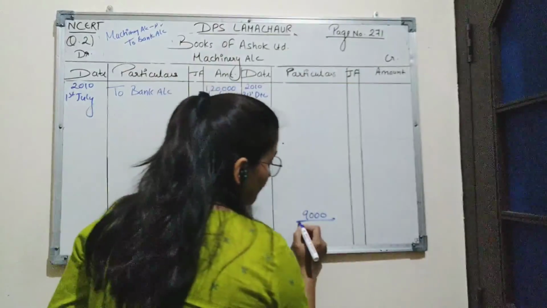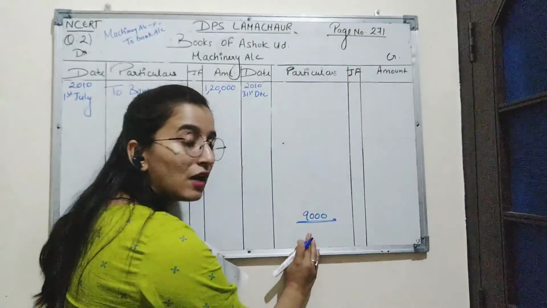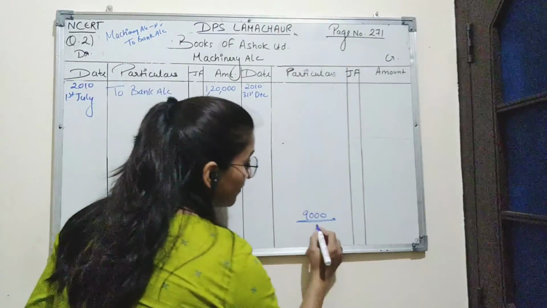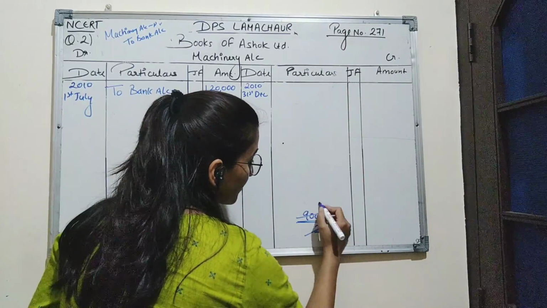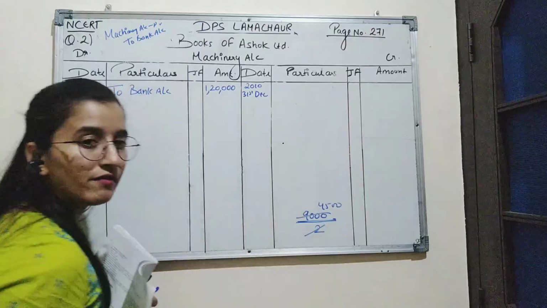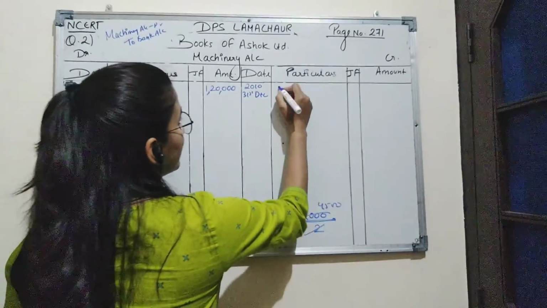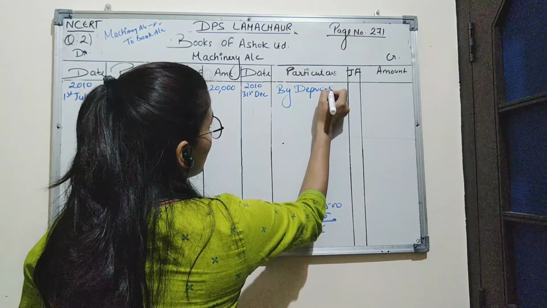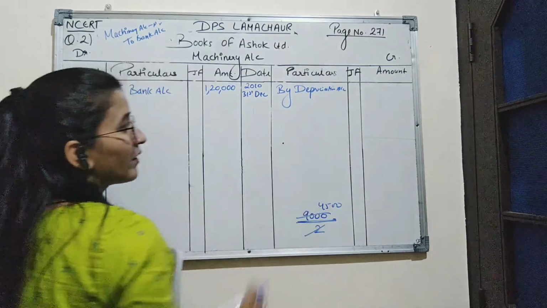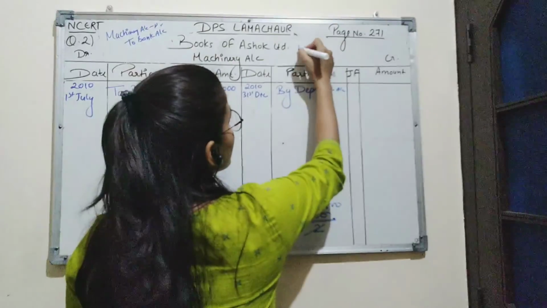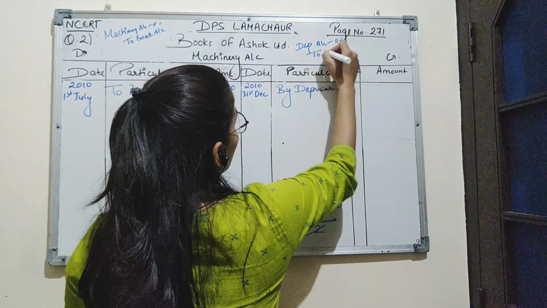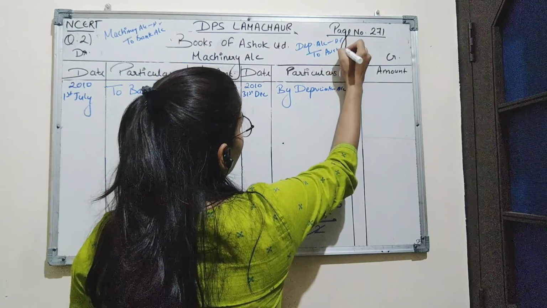That means if the depreciation amount is 9,000 for the whole year, then the depreciation for the half year will be divided by 2, which is 4,500. So here we'll write by depreciation account. As we know, the entry for charging depreciation is depreciation account debit to asset account.